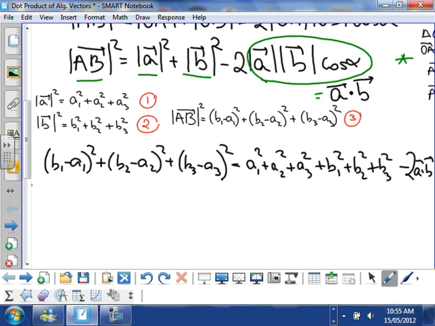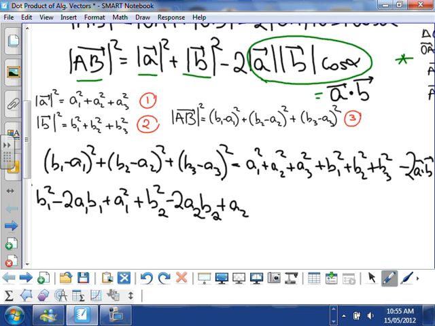Okay, so let's expand here. Let's see what happens. b1 squared minus 2a1 b1 plus a1 squared, let's not mess up the algebra, plus b2 squared minus 2 a2 b2 plus a2 squared.